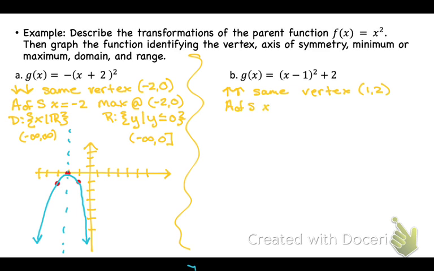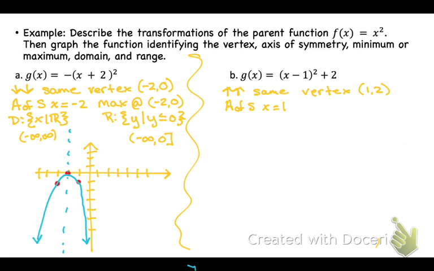What's the axis of symmetry? X equals. You need to write it as x equals because it's a vertical line. You're writing an equation. Max or min? It opens up, guys. Minimum.